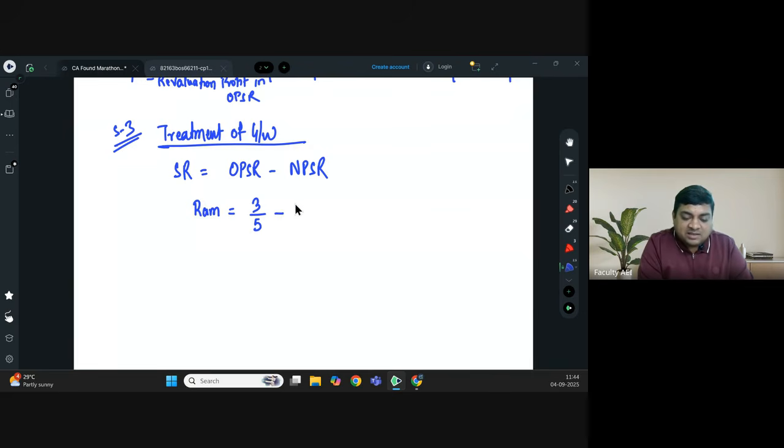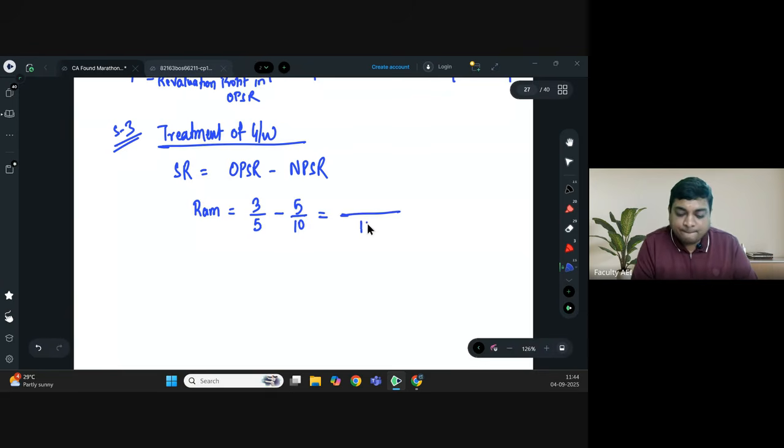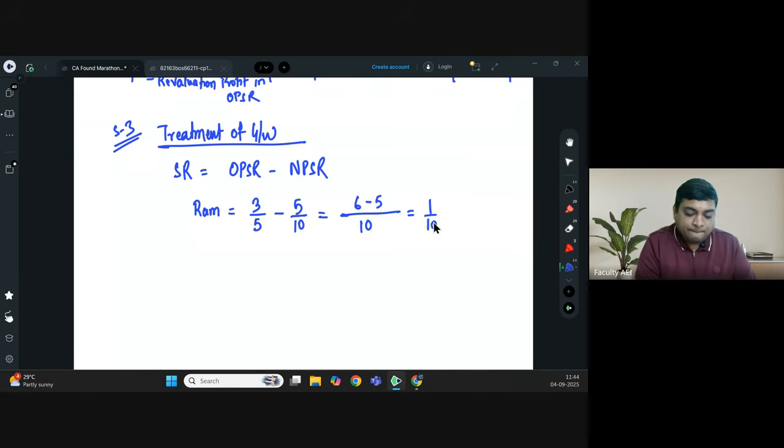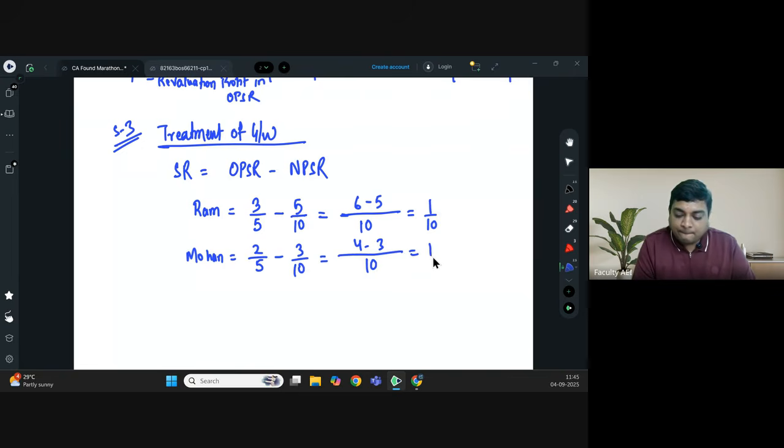Ram, it is 3/5 minus 5/10. Right? See how much is Shyam's share?